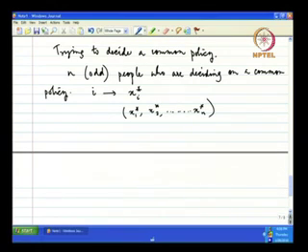Now, obviously, these numbers can differ, and if these numbers differ, then how does this community of n people get to decide what will be the common policy, because that common policy can be a single number.